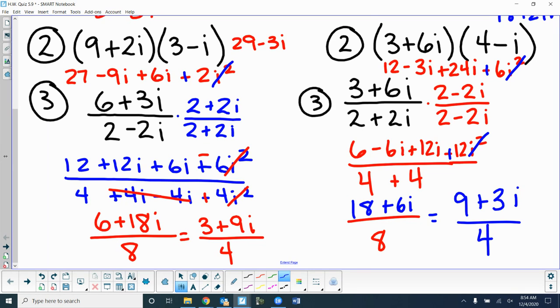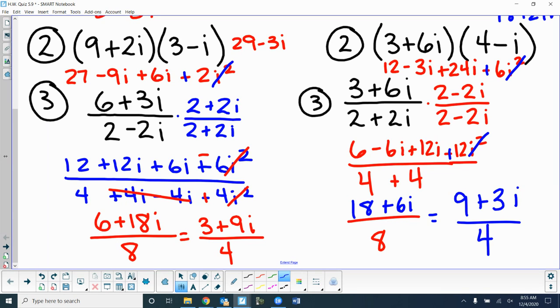98, you got to multiply the top and the bottom by the conjugate, which is negative i. So the answer is negative 3 minus 18i, because the bottom will come out to be 1. Or maybe it's negative 1. No, it'll be 1, because negative i squared is positive 1. 100, multiply top and bottom by negative 2 minus 4i.